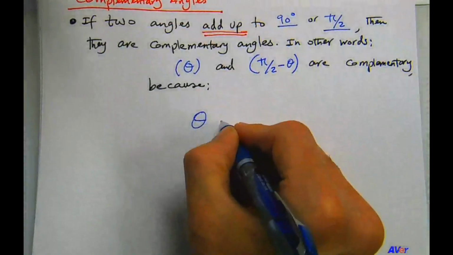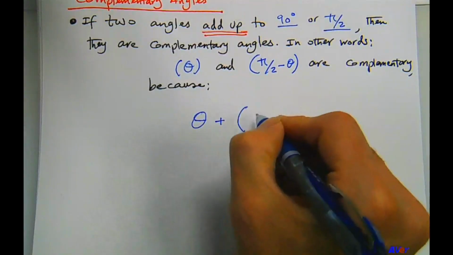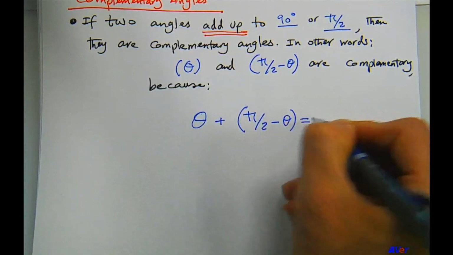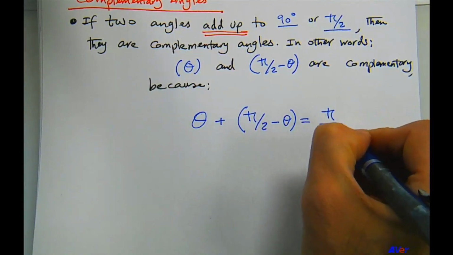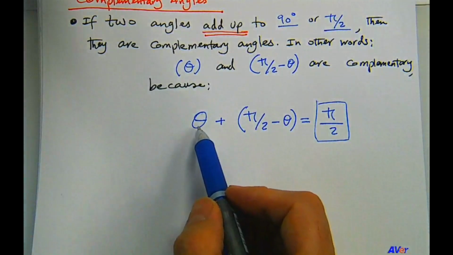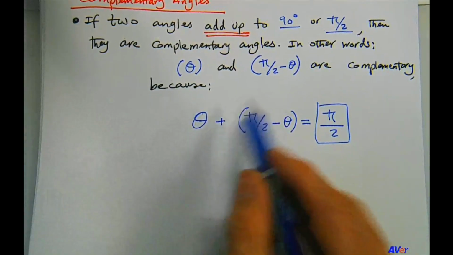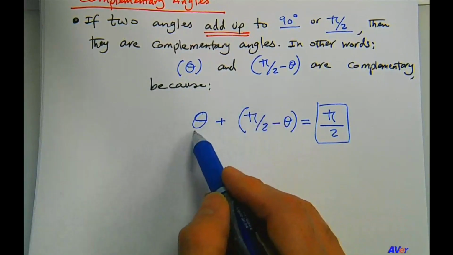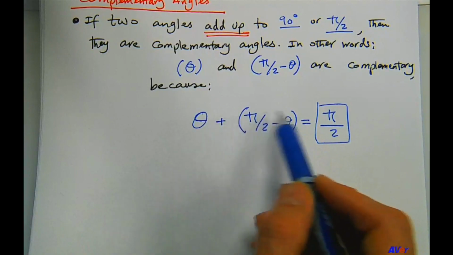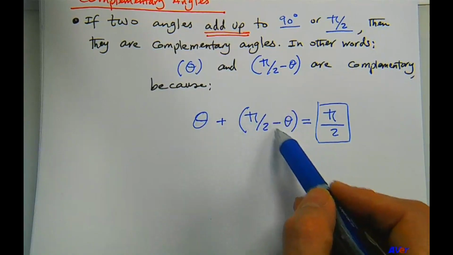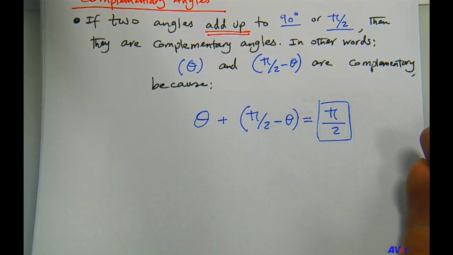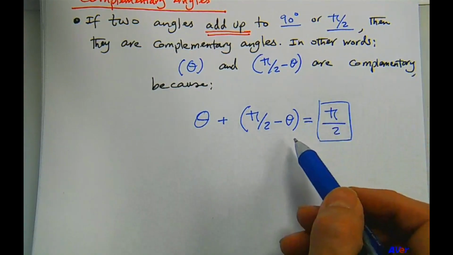Because theta plus pi over 2 minus theta is going to give us pi over 2, right? Because the minus theta and the plus theta cancel out. They add up to 0, and we get pi over 2.